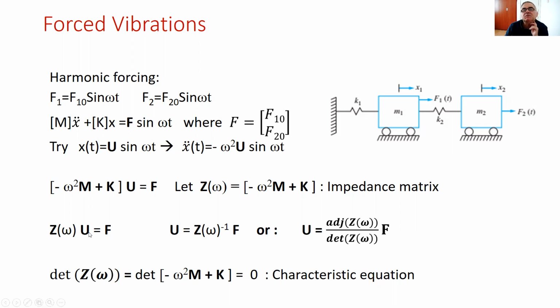Therefore, U, which is the vibration amplitudes of the system, maybe I should write it down, U is equal to x1 and x2 being the amplitudes, and can be solved by inverting the impedance matrix and multiplying by the force.